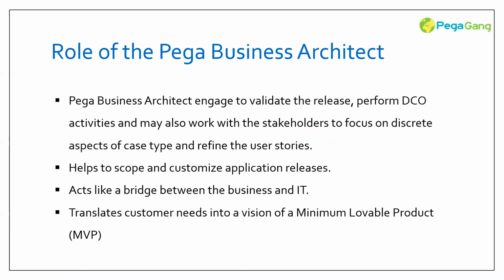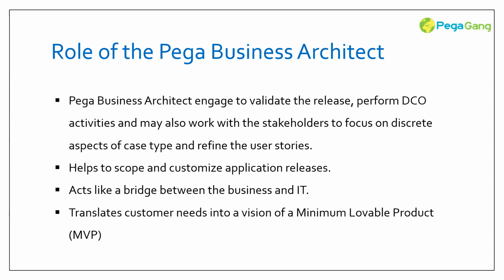So let's look into the role of the Pega Business Architect. So Pega Business Architects normally engage in the in and out of the project. So they will be working along with the stakeholders, and parallelly they will be working with the project team as well, so that they can capture the requirements from the stakeholders or the project leaders, and they translate the business requirements into technical specifications, and they are responsible for delivering the minimum lovable product.